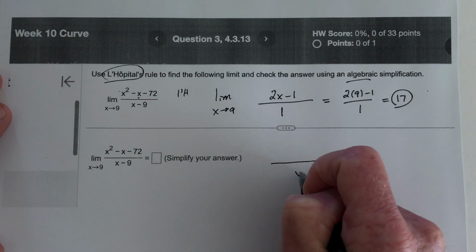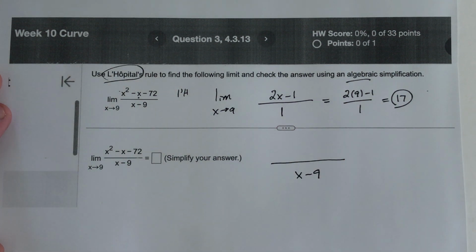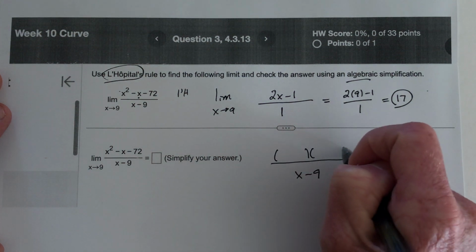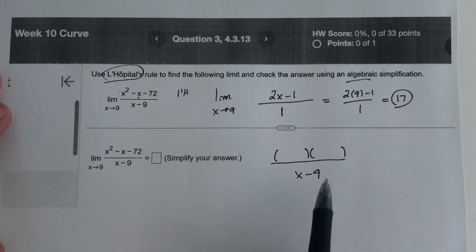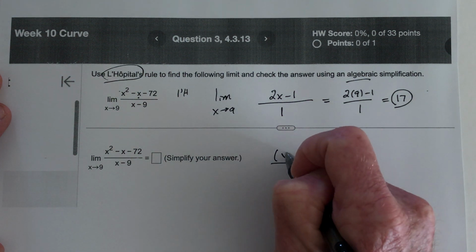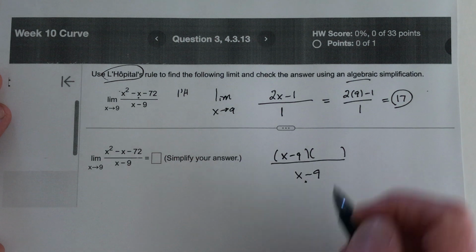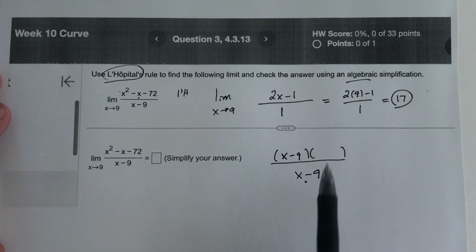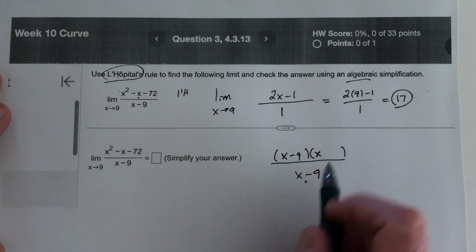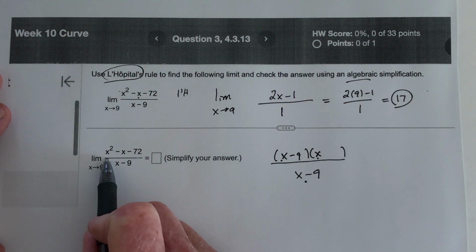Well, if they're telling me to do algebra, I know that the bottom can't really be simplified. The top most likely could be factored. And if this x minus 9 is going to get canceled, there must be an x minus 9 on the top. And then basically, I know that x times x will be x squared.